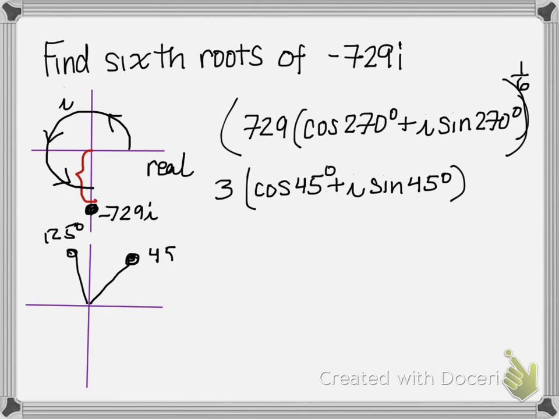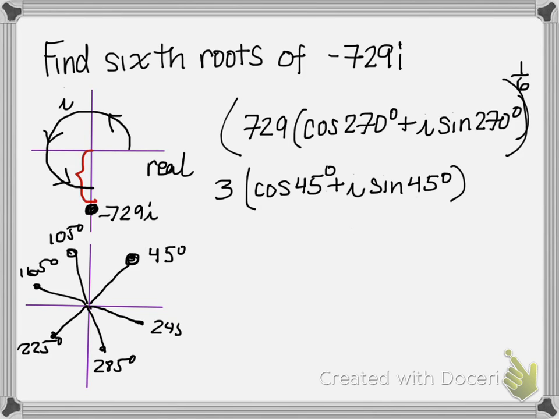45 plus 60 is 105, and then plus 60 is 165. Plus 60 is 225. Plus 60 is 285. And plus 60 is 345.